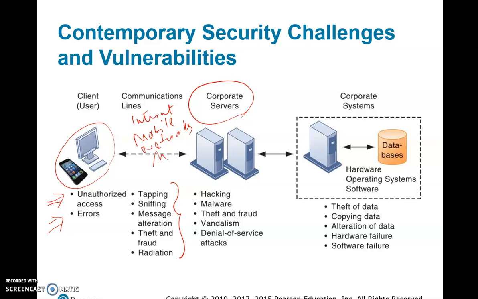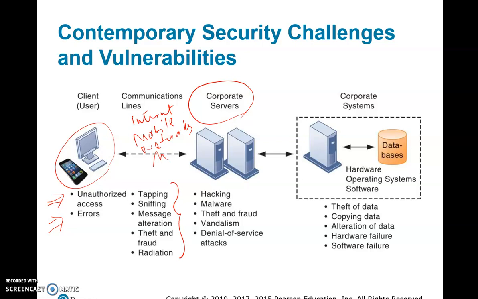All these things can be done very easily by certain software. These are called tapping and sniffing. You can alter the message. You can commit theft and fraud and those kinds of things as well. So the communication lines are very, very vulnerable.